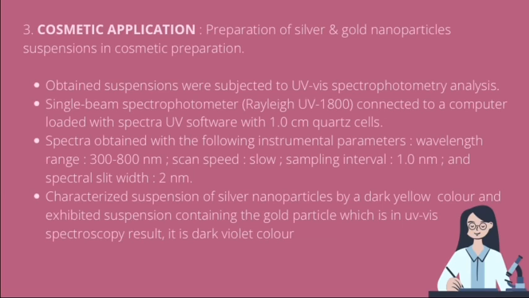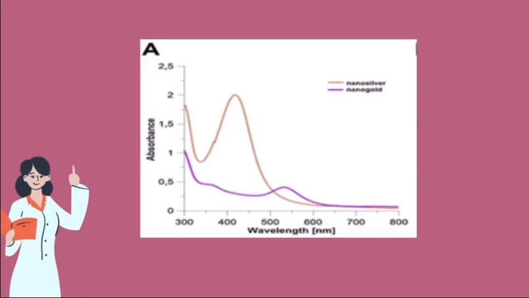The spectra were obtained with the instrumental parameters shown in the slide. The suspension of silver nanoparticles is characterized by a dark yellow color, and the suspension containing the gold particles shows a dark violet color in UV-VIS spectroscopy result. Here is the result of UV-VIS spectroscopy for nanosilver and nanogold suspensions diluted to 20 mg per kg.